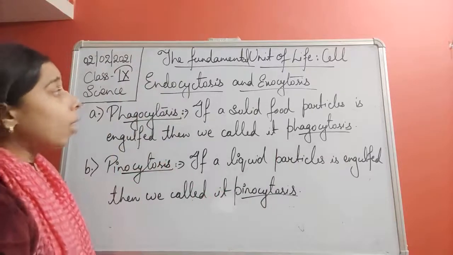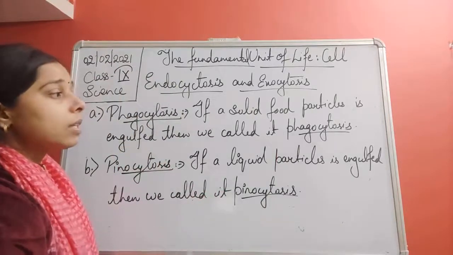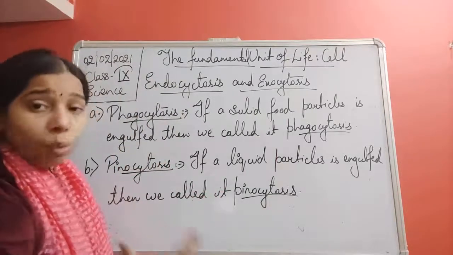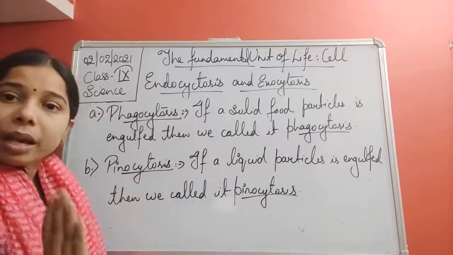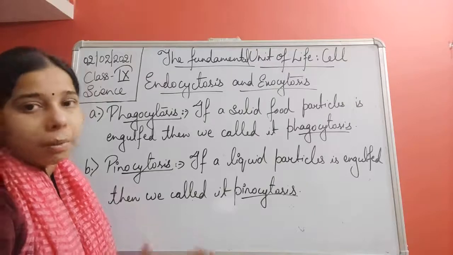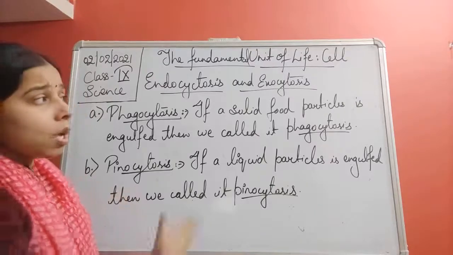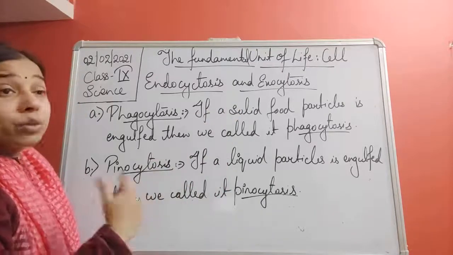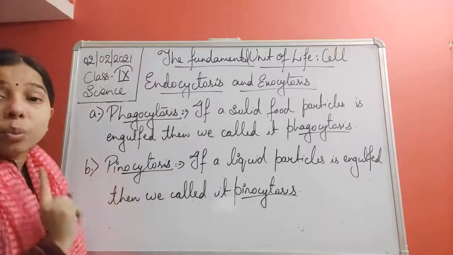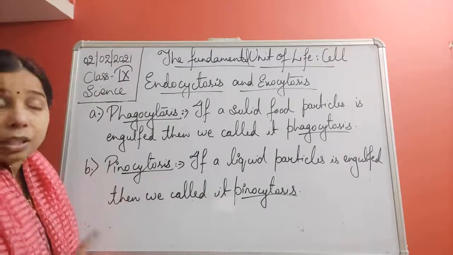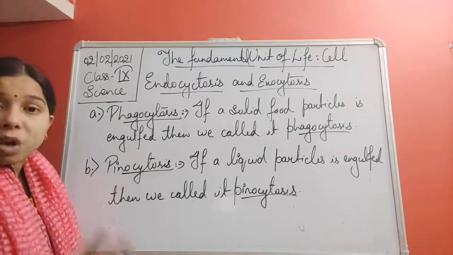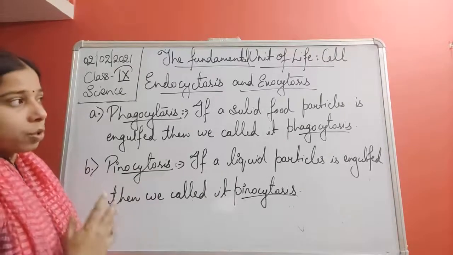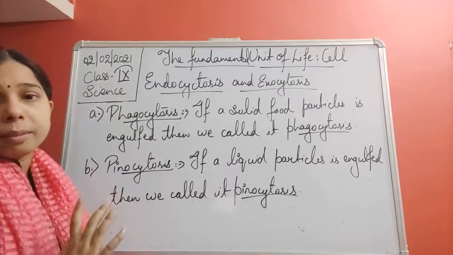So this is all about endocytosis. Ultimately, it will be a solid food particle or a liquid, and it will always enter inside the cell membrane, and we call it endocytosis. What happens in the case of exocytosis? Now the waste material and other materials should also come outside the cell membrane, and this process is known as exocytosis. There also the same thing happens, students.